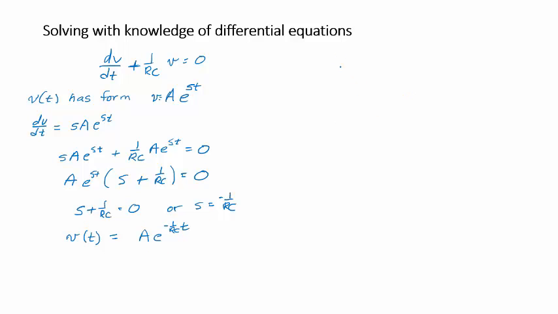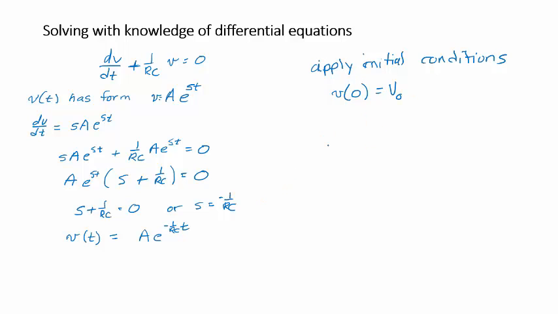From there we have to apply the initial conditions, which is the same as before. So we knew that v at time t equals 0 equals v0.